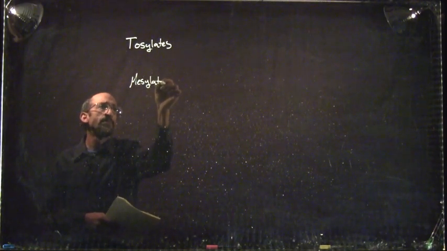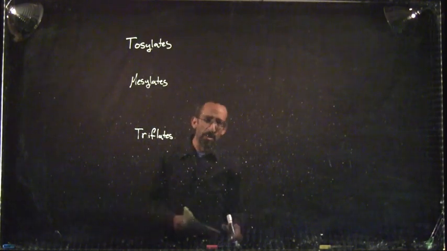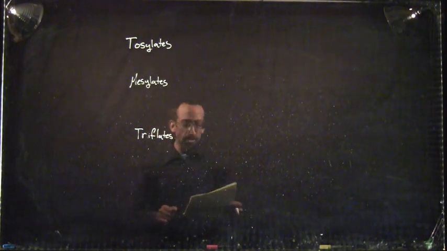So there are three sulfonate esters that are primarily used to convert alcohols into good electrophiles for substitution reactions. And those are going to be tosylates, mesylates, and triflates. And they're all pretty similar, and we have very similar reactions that we use for them.